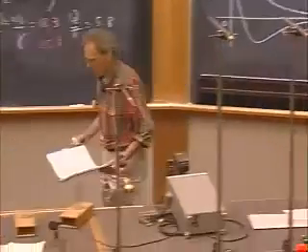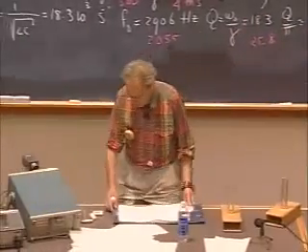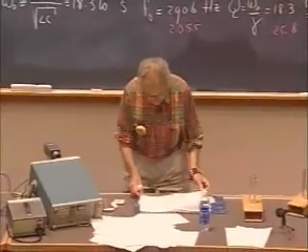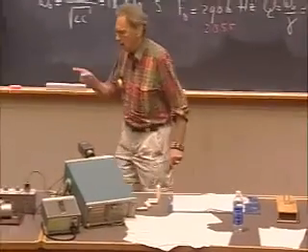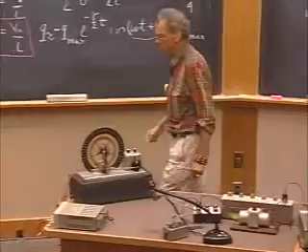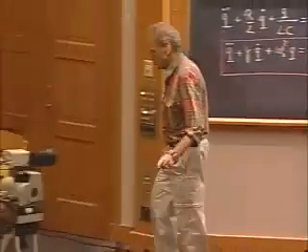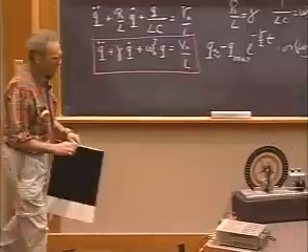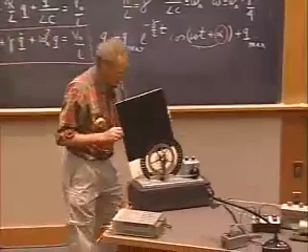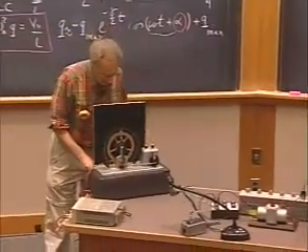So now I will show you the effect of damping in a case of a mechanical system. We have a torsional pendulum there, and the torsional pendulum has extremely high Q, very little damping.